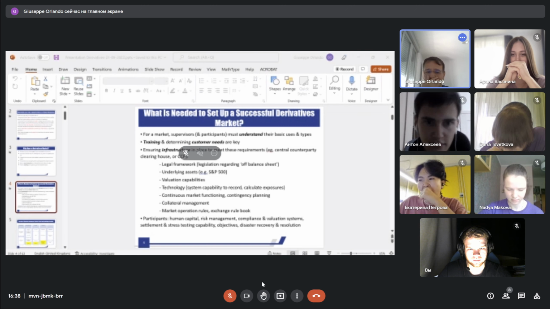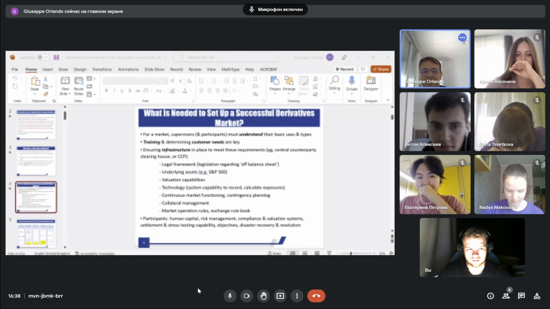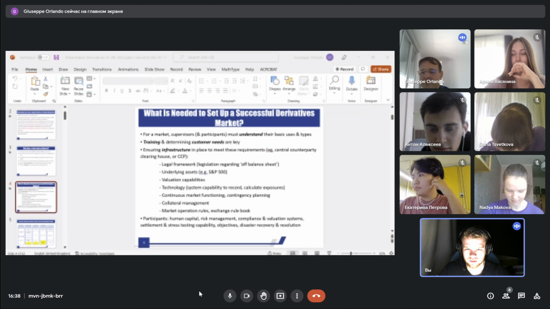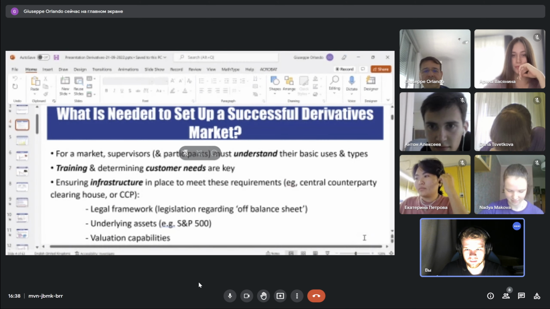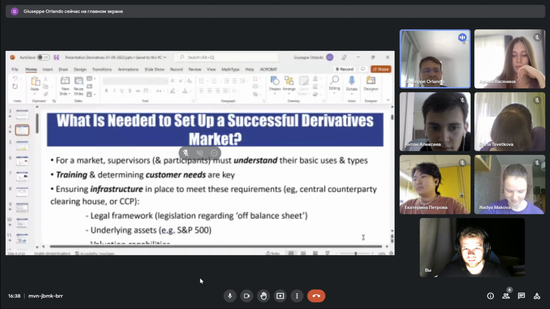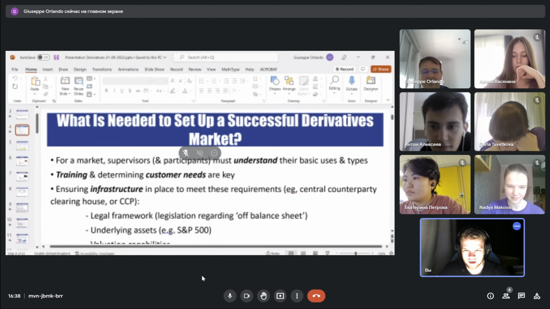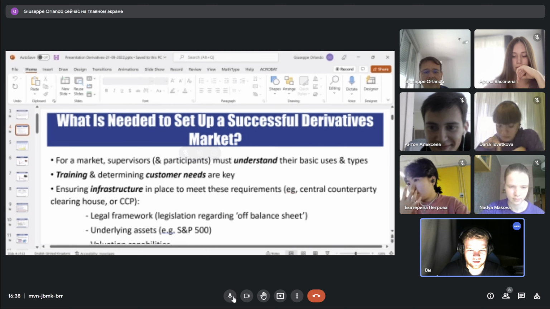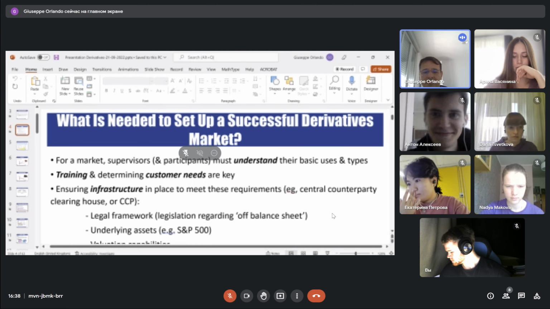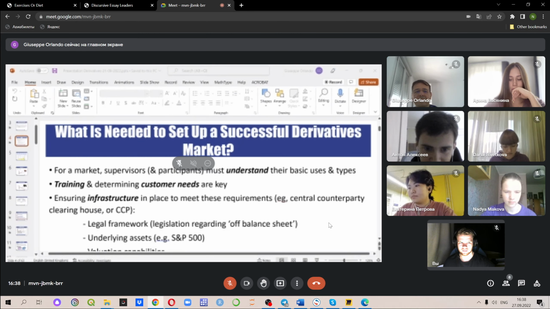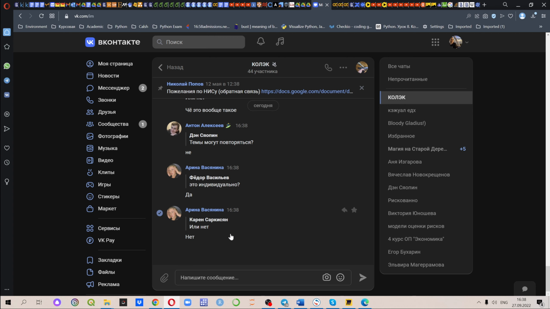This way? Still the same. Still bad? It's blurry, but now better. It's larger and better. Yes. Let me see another way.